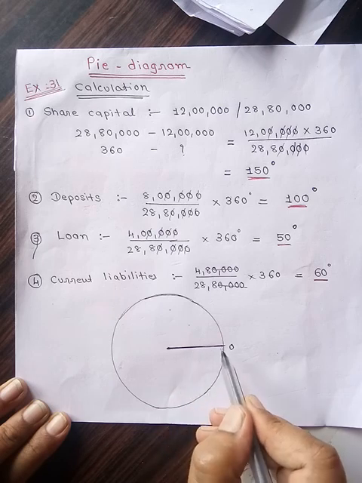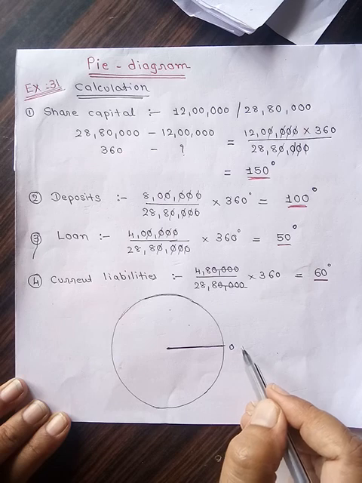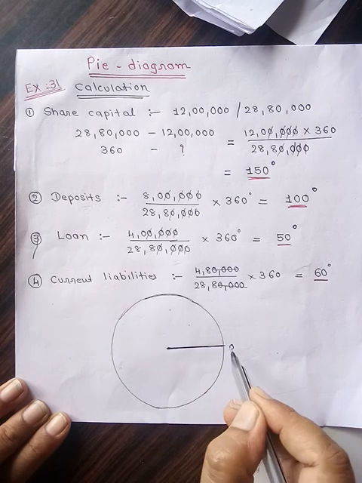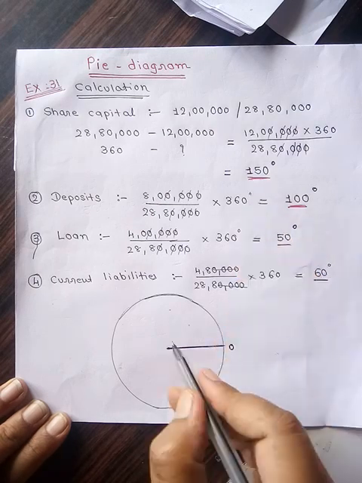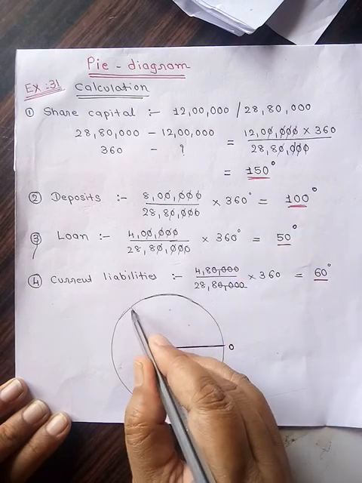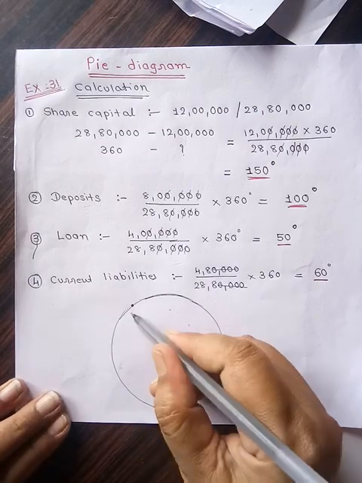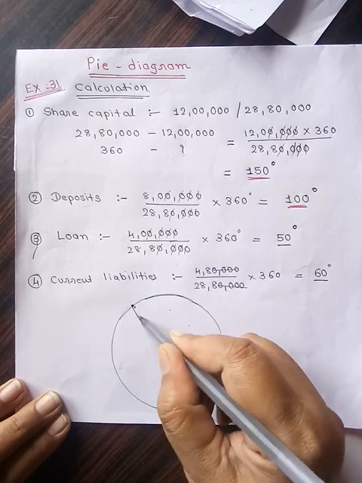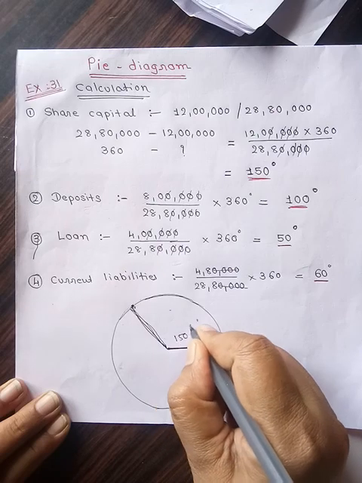Now there are two scales, one starts from 0 and another starts from 180, but as we are keeping our line over here, you have to read 0 from here. Now first is 150 degrees, so this is roughly 90, so 150 probably will come here. So first you will draw 150 degrees like this. Okay, so this is 150 degrees.